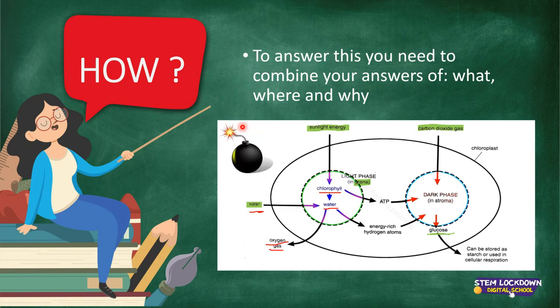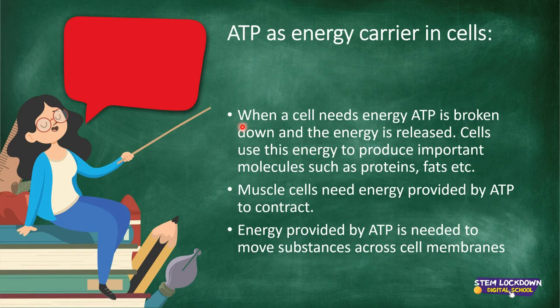Okay, so let's get down to ATP. ATP as an energy carrier in cells. Basically, when a cell needs energy, ATP is broken down. Firstly, people would be like, wait, what is ATP? ATP is the energy which is used by all cells.